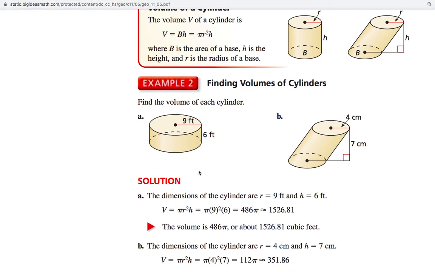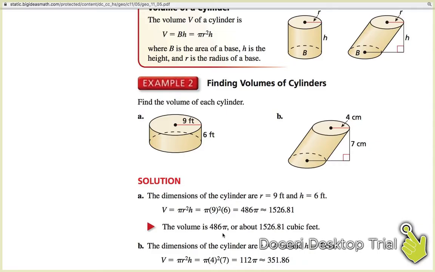We are using pi, right? Remember, sometimes it asks you for an answer in terms of pi, or exact answers, which would look something like that, where you just have a pi in there. And then if they ask us to round, then we would type it in the calculator using the pi key to get that rounded answer.